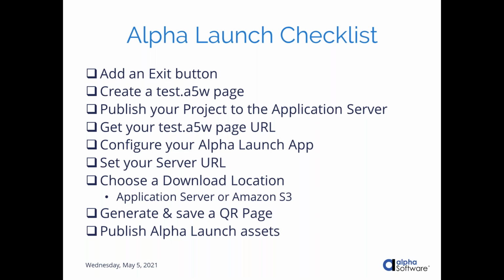That's the web application server. It's the standard standalone one. It's the IIS. It's Alpha Cloud. All of those are application servers. We're going to look at that test A5W page URL. We're going to configure an Alpha Launch app. We're going to set up the server URL, which is a hot topic. We're going to talk about download location, why you want to generate and save a QR page, and then finally publishing your Alpha Launch assets and getting them installed on Alpha Launch.